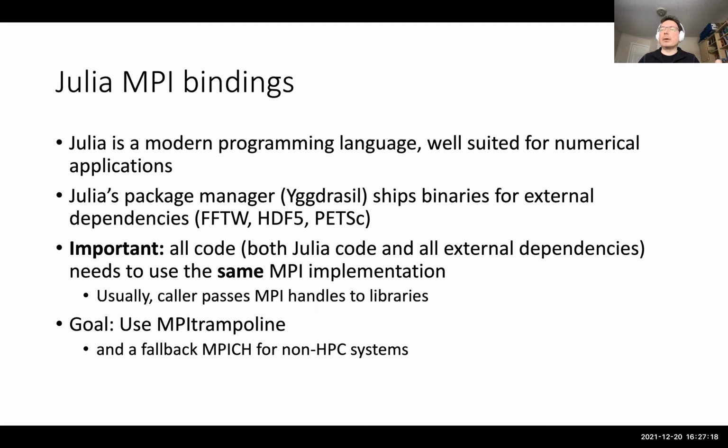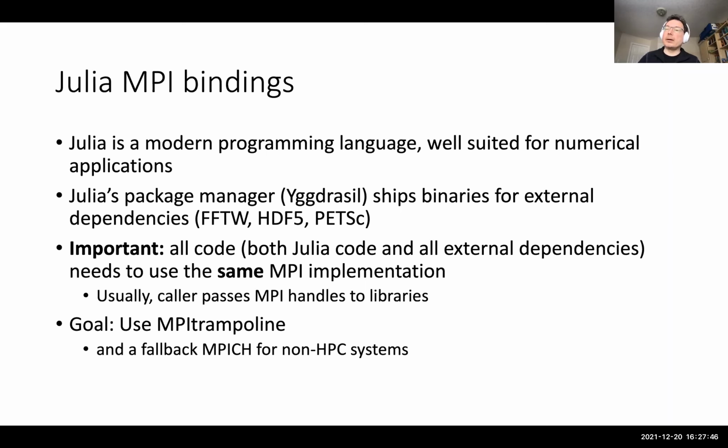And because it's all about loading shared libraries, and there's no type system, no safety, everything on the surface looks fine, except you get seg faults. It's a really tedious way of debugging it. So there needs to be one MPI implementation. And since Yggdrasil wants to build all the packages ahead of time, you need to have an MPI implementation that doesn't know about the system MPI implementation.